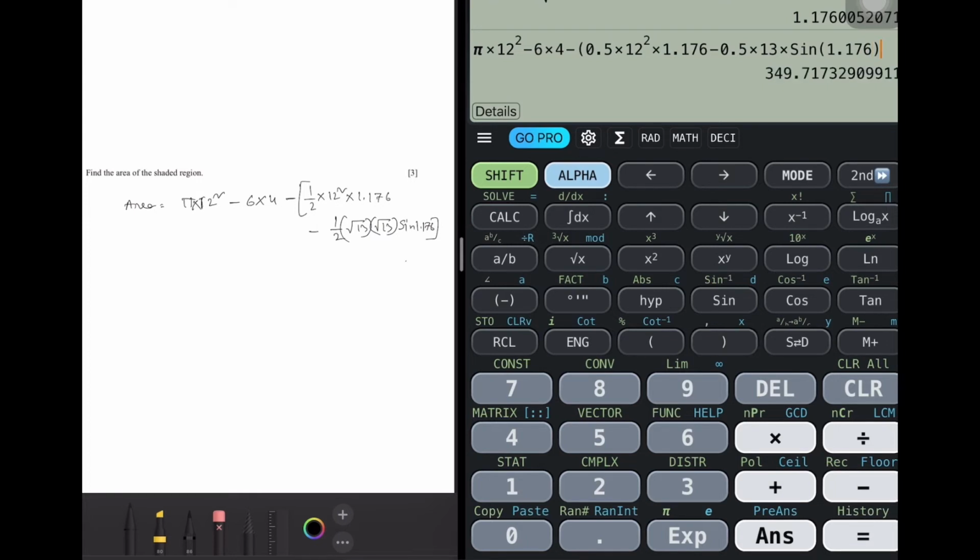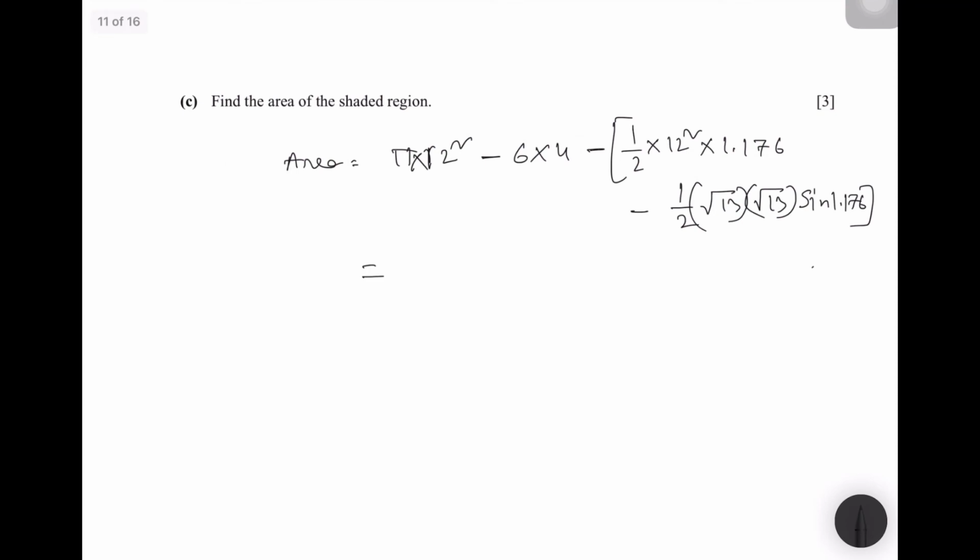So close the bracket here. Now it is becoming 350. So 350, obviously centimeter square. This is the answer.